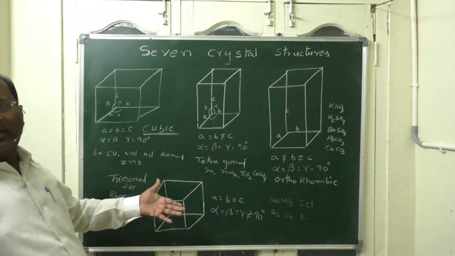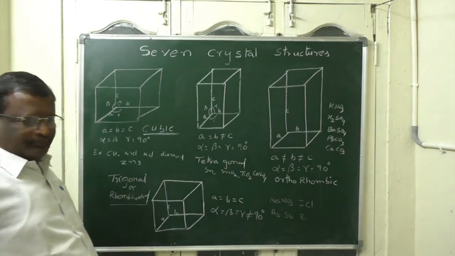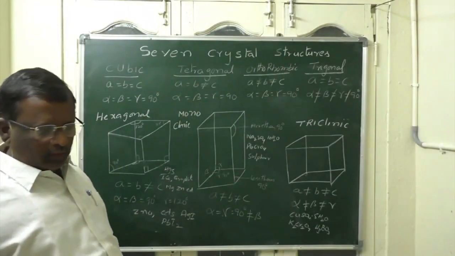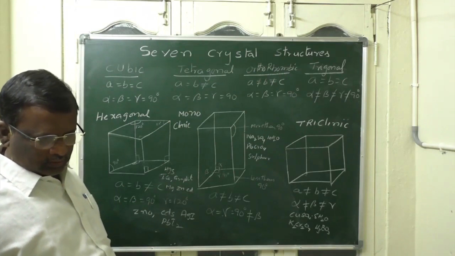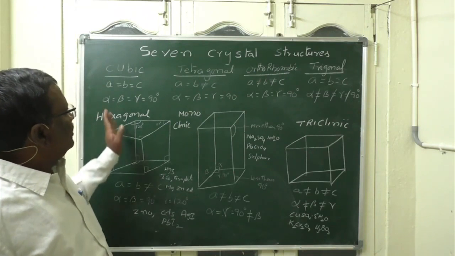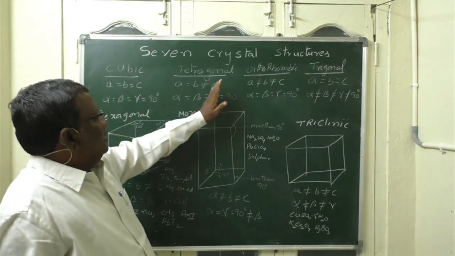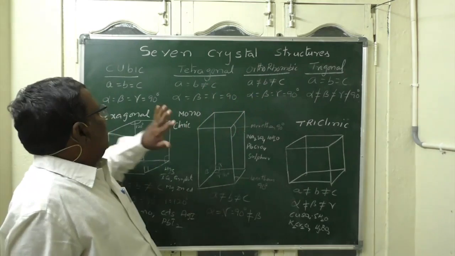So, out of 7 basic structures, we have already discussed 4 structures, that is cubic, tetragonal, orthorhombic and trigonal.